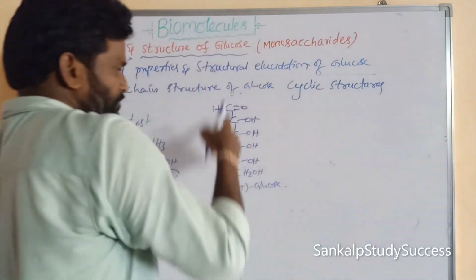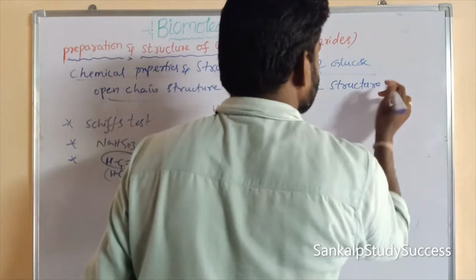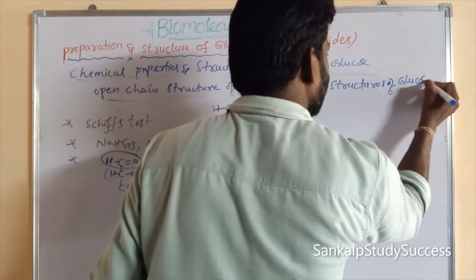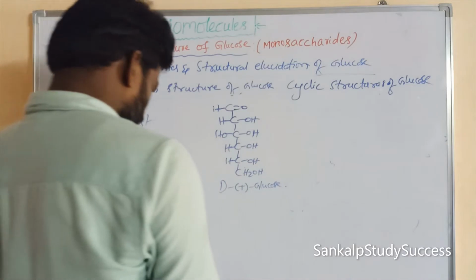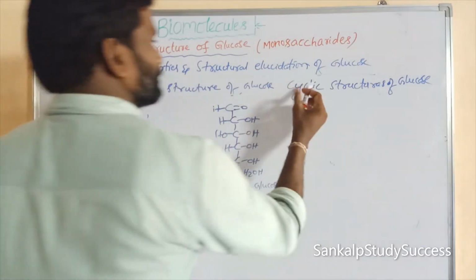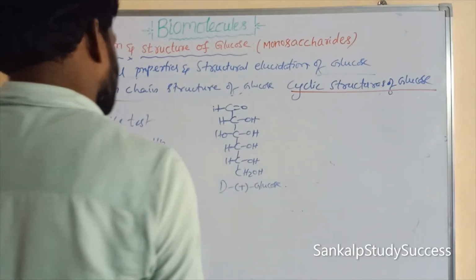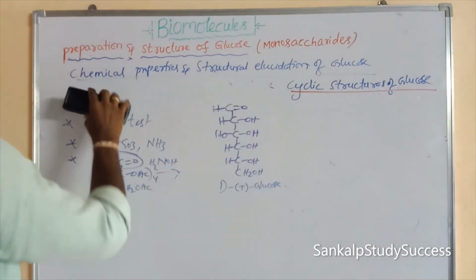So this is the Fischer projection structure and the cyclic structures of glucose. This is the open chain structure of glucose, but now we will discuss the cyclic structure.